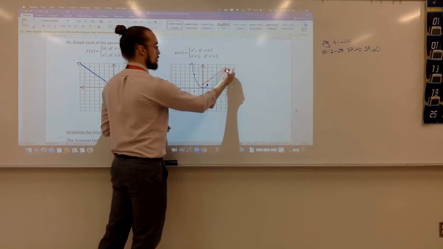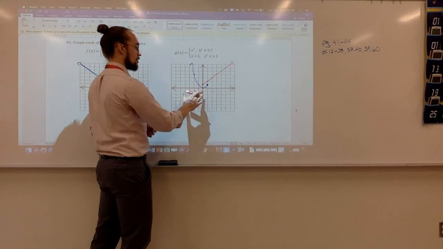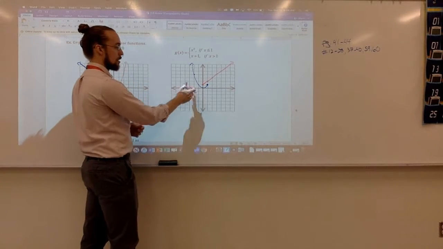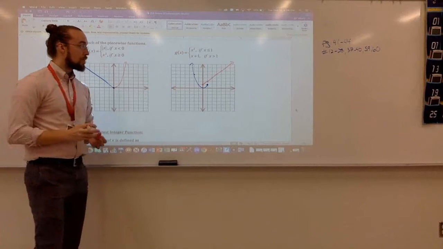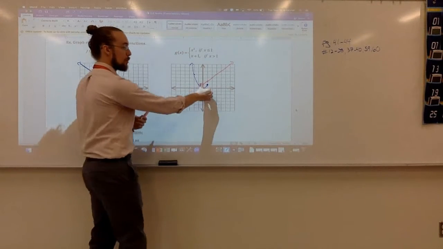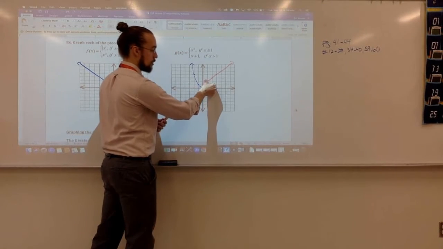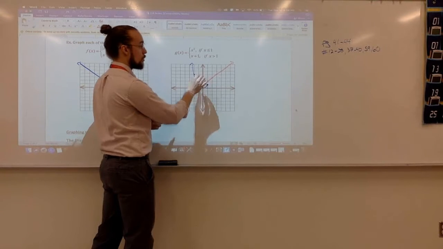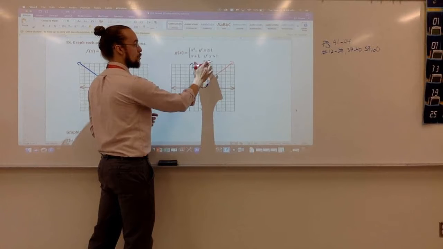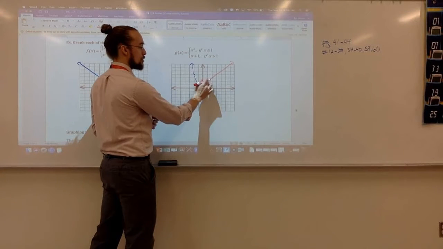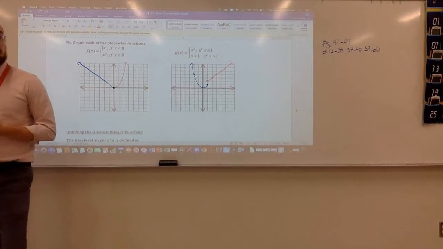I'm just going to sketch this half of it because I know I'm going to end up erasing a bunch down here. So now we just want this piece where x is greater than 1. So I want to erase everything up until 1. That point is not going to be included in my red portion because x is just greater than 1, so that will be an open dot on that piece.